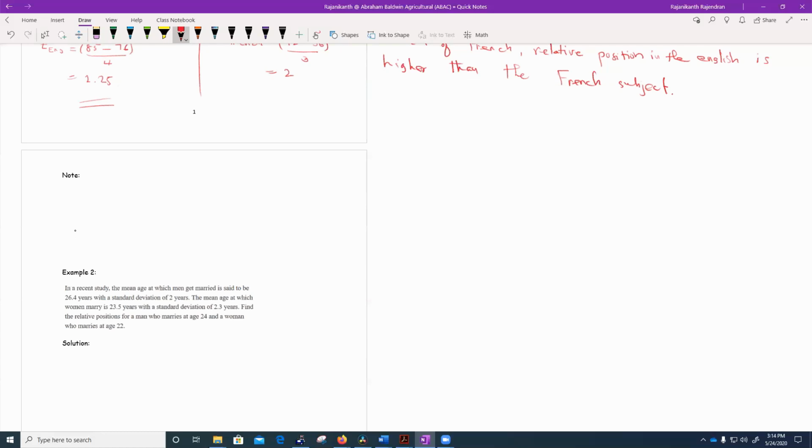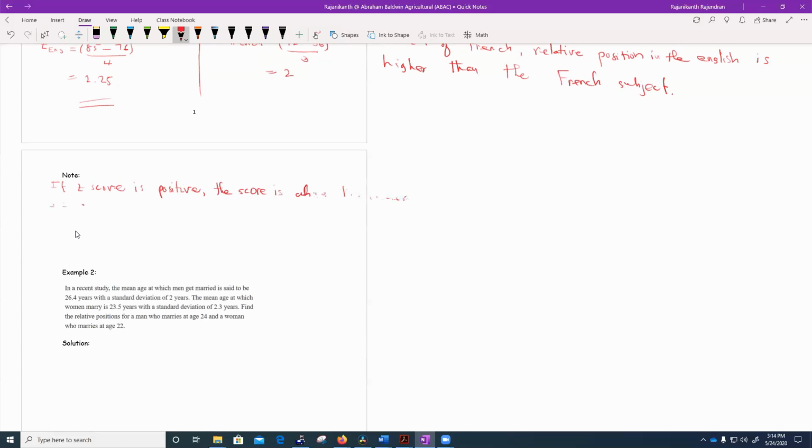Okay, so let us write down those two points. If the z-score is positive, that means the actual score is above the mean of your given data set.